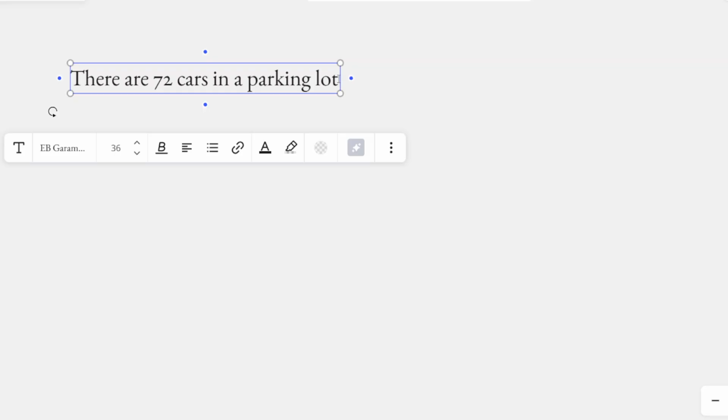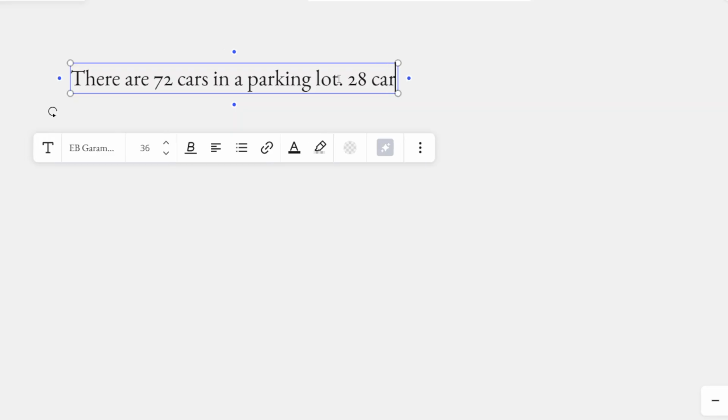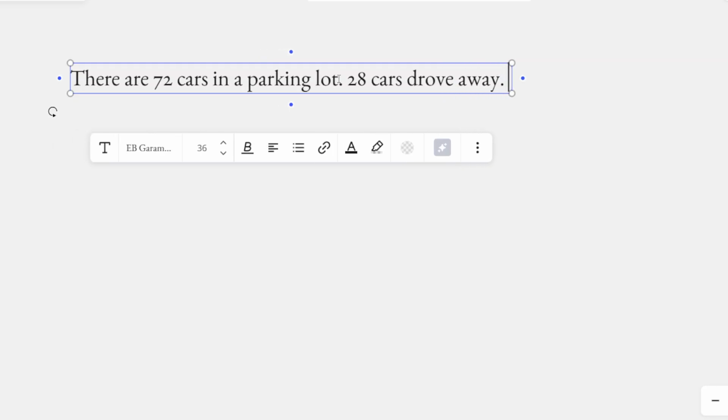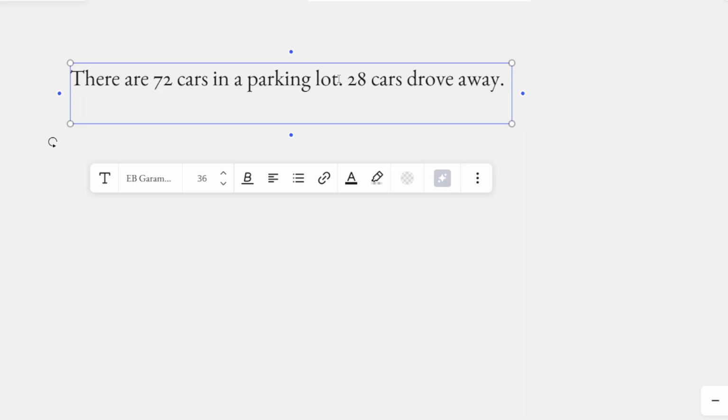And gradually we see that 28 cars drove away. Now we need to find out how many cars are still there in the parking lot.